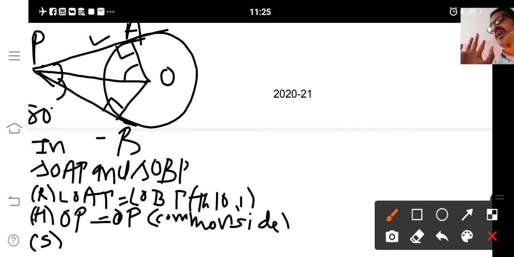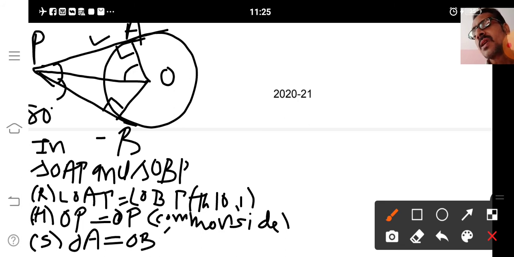Now both triangles should have one more side to be equal. एक और साइड दोनों की इक्वल होनी चाहिए. तो कौन सी होगी? चेक करो. रेडियस, OAP में OA and in OBP OB. Radii of the circle.